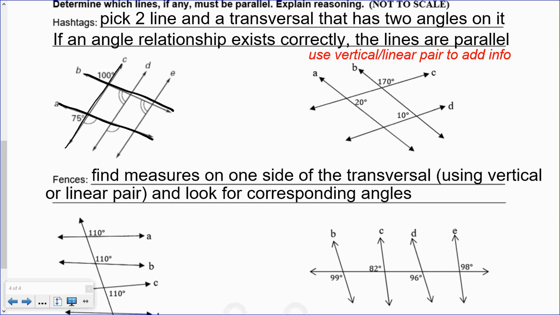So now are there any other transversals that have two angles on them? D, okay. You could look at D as a new transversal. I would erase my previous line, but I'm terrified that it'll mess up the technology. So now we're just looking at D, all right? What's the relationship between these two angles?